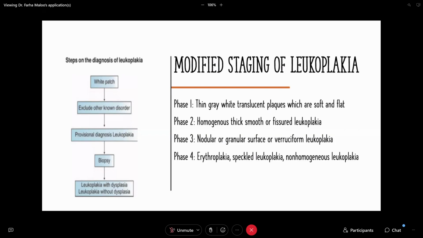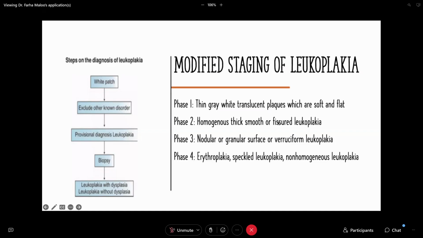Let's look at the modified staging of leukoplakia. In phase 1, we can see thin gray white translucent plaques which are still soft and flat. In phase 2, the leukoplakic patches will be still homogeneous, but now they will be thickened or fissured.